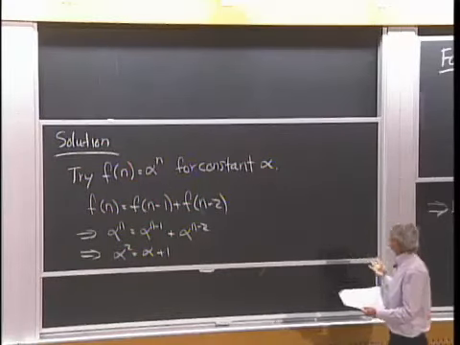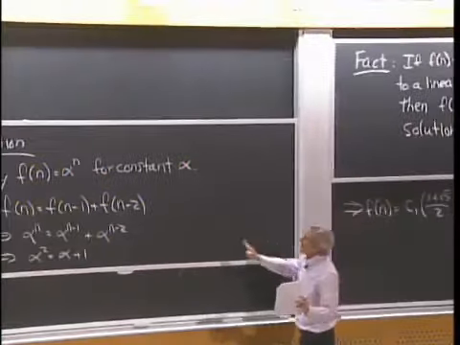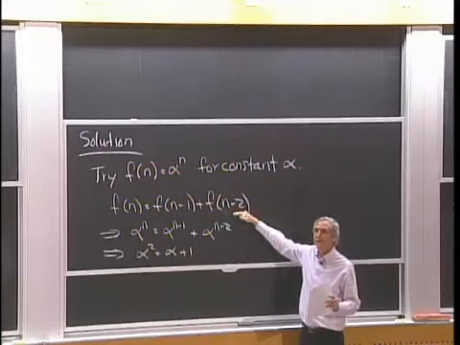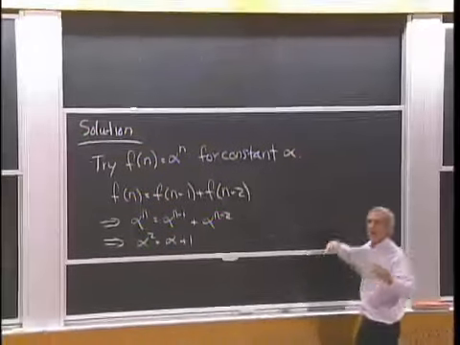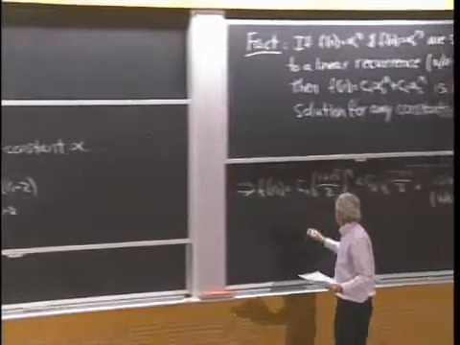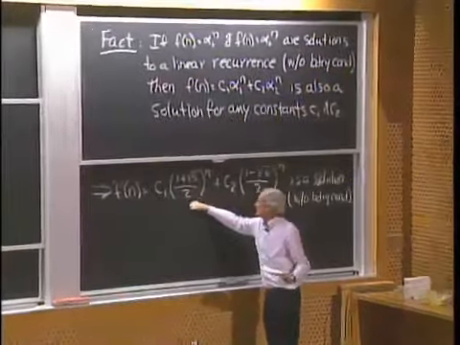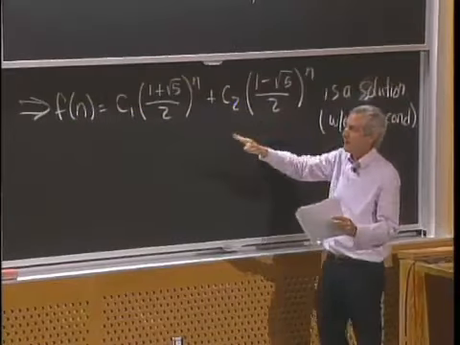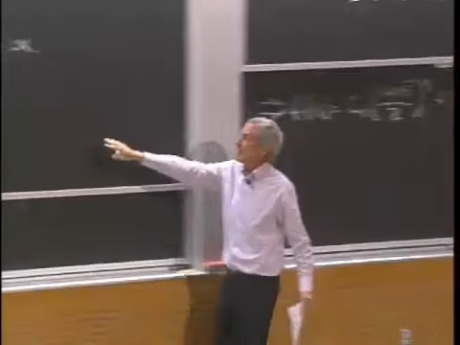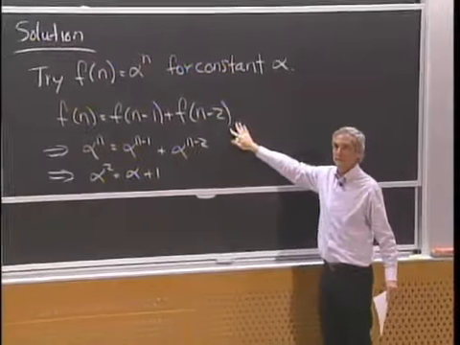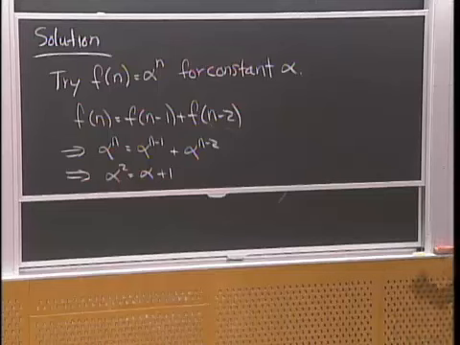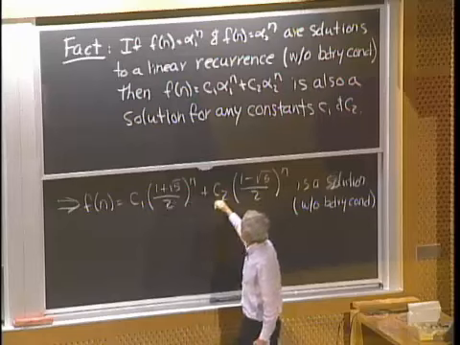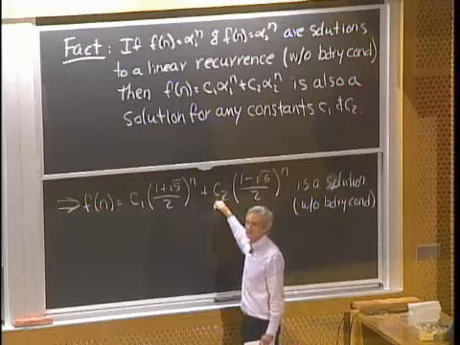Now, when I'm computing the solution, first I'm saying, let's ignore the boundary conditions and look at all the recurrences that share this part. And that family of recurrences, I'm claiming, have these solutions. This is the solution space if I just worry about this part and not the boundary conditions. Once I plug the boundary conditions in, that determines which values of C1 and C2 I get.